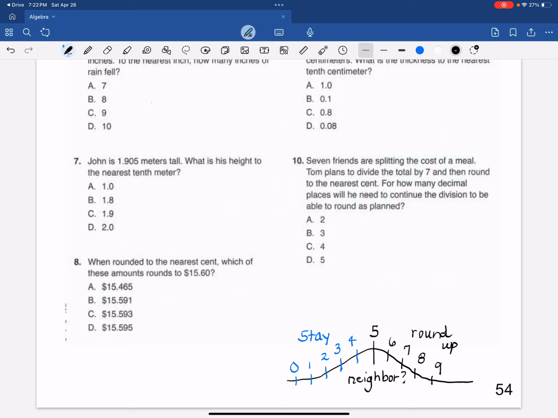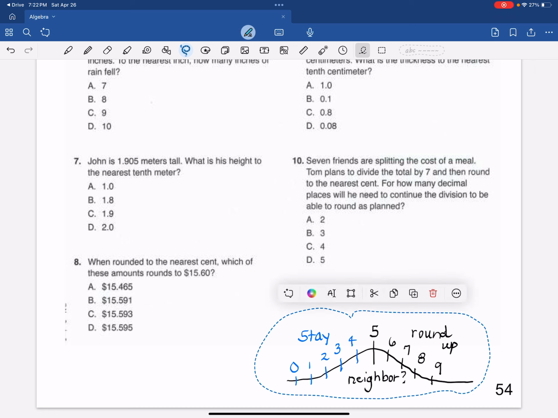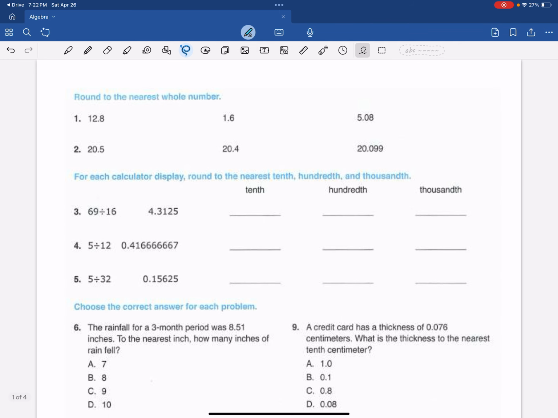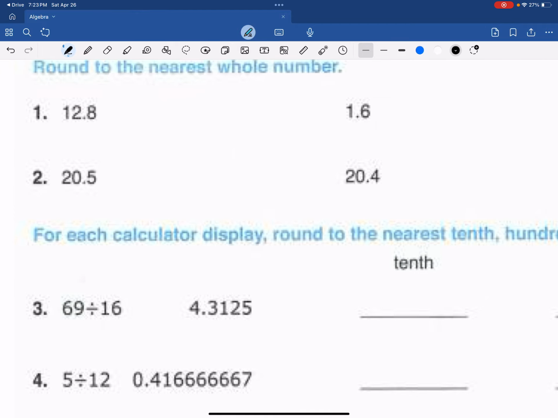Okay. So let me get a copy of this so that I can bring it in when I need it. All right, so let's look up here at this one, round to the nearest whole number. So I'm going to underline the whole number, and I'm going to look back at the neighbor. And then I'm going to apply my rounding rule.